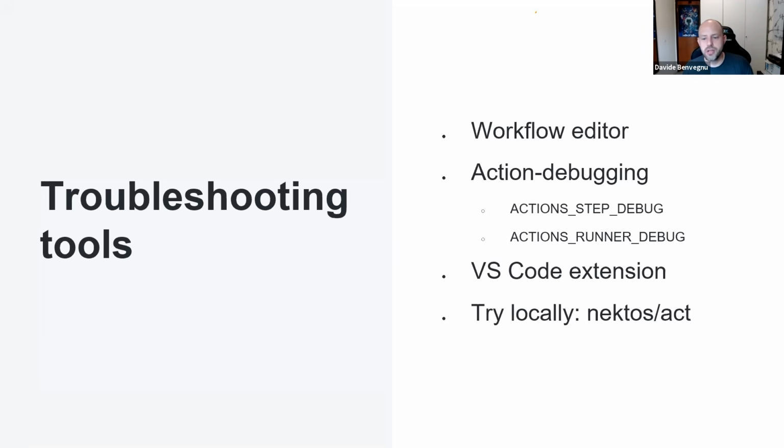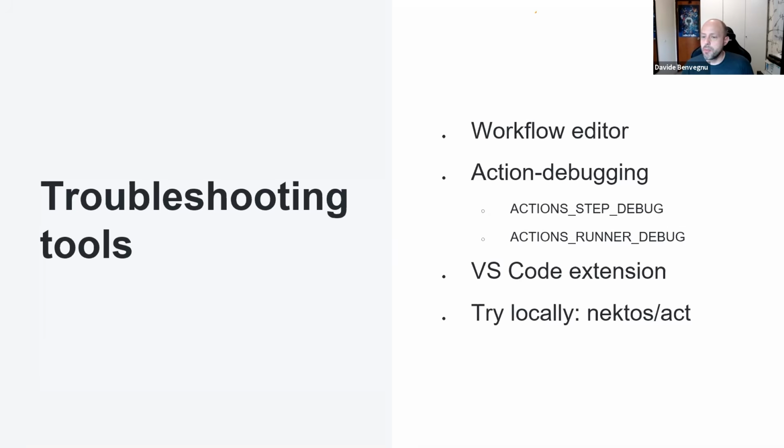I would recommend usually starting with the step debugging, which can give you information on the actions themselves. If you put the ACTIONS_STEP_DEBUG secret and you set the value as true, you will see in the logs a lot of "debug:" lines, which of course depends also on how the action has been written.